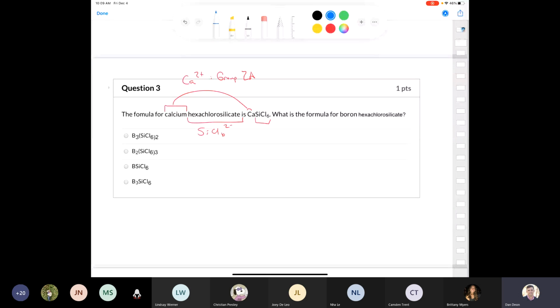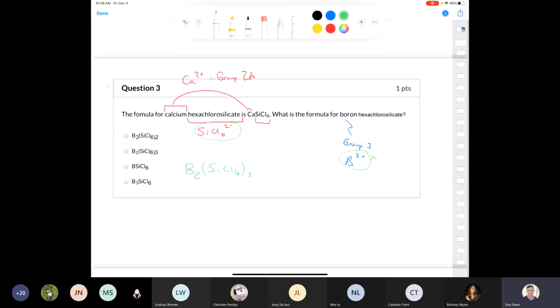Now, what about boron? Boron is in group 3A, so it likes to lose 3 electrons to become isoelectronic with a noble gas, and therefore it's going to have a charge of 3+. If I've got hexachlorosilicate with a 2- charge and boron with a 3+ charge, that means I'm going to need 2 borons and 3 hexachlorosilicates, B2(SiCl6)3.